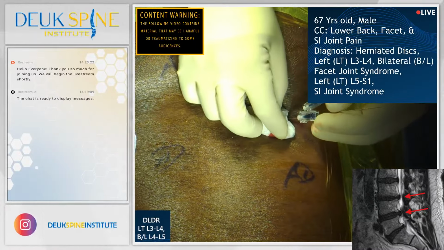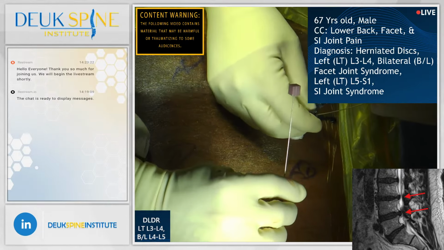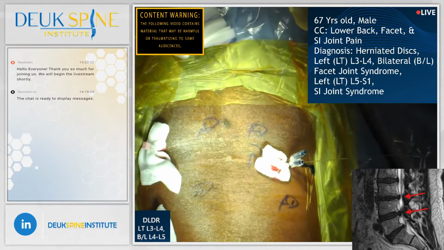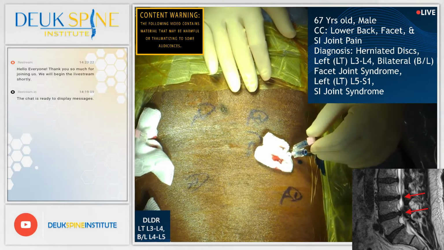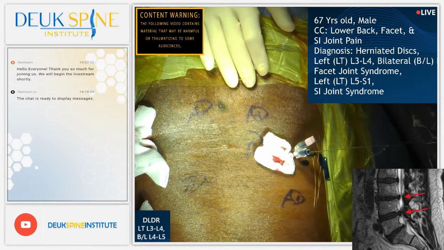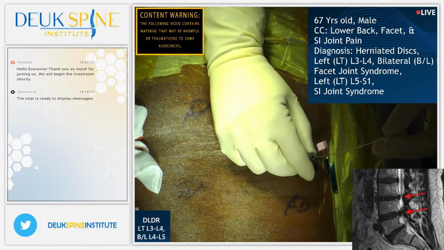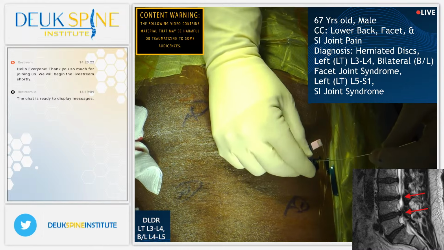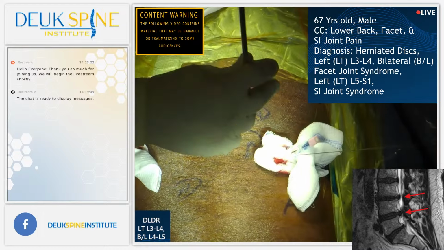We've just gained access to the two discs we're going to fix on the left side, which is L3-4, L4-5. We did our discogram. Now, it was not an evocative discogram, so I didn't ask the patient if they're having pain.